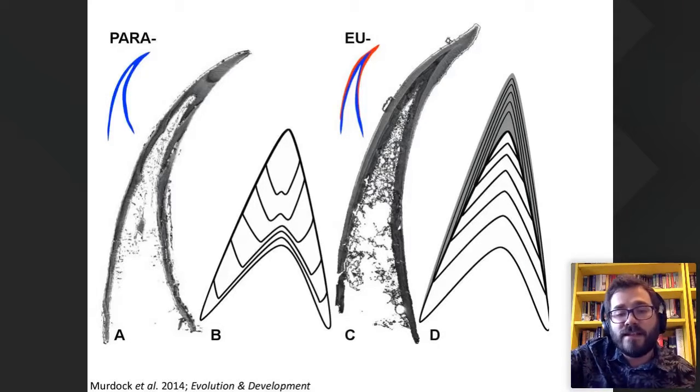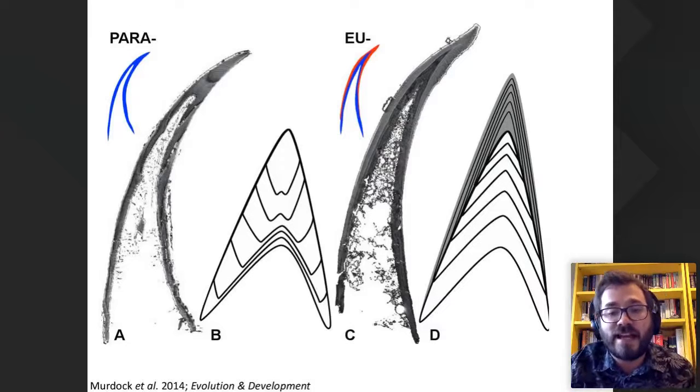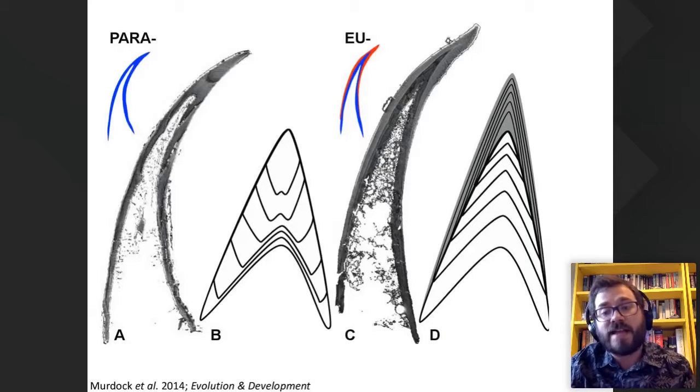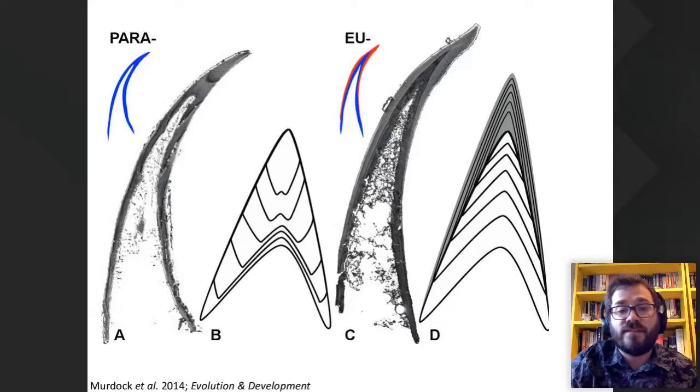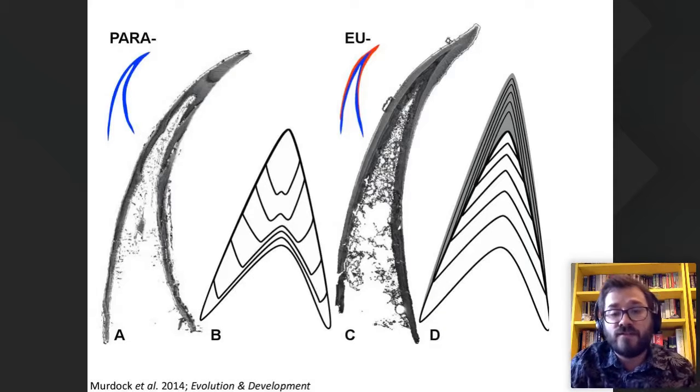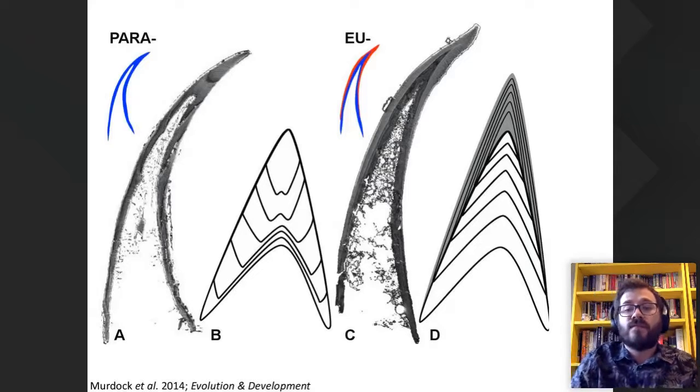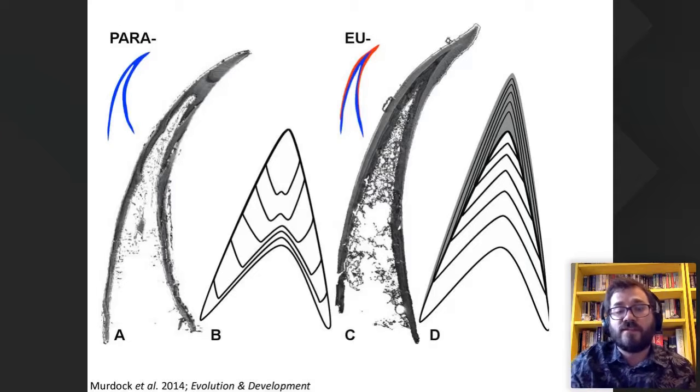And they're separated into these two groups based on the tissues that are inside these tooth-like elements. So the paraconodonts just have a single kind of tissue made of layers that grew incrementally by adding more and more layers to the base of these elements. And then euconodonts, or the true conodonts, that dominate basically all of the post-Cambrian fossil record of conodonts all the way up to the end of the Triassic.